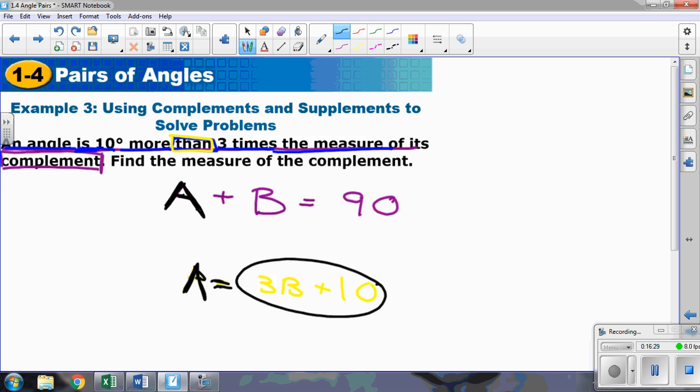This blob of stuff is the same as our angle. So using the substitution technique from Algebra 1, we'll just plug it right in. That would give us 3b plus 10 for angle A plus angle B, and they will add up to a total of 90.